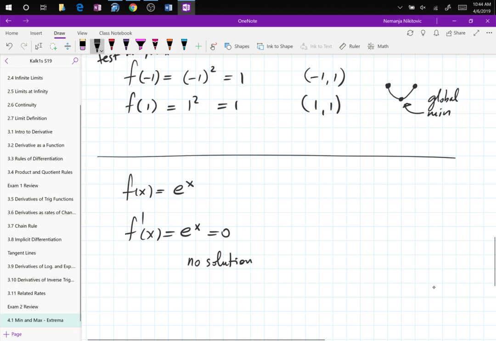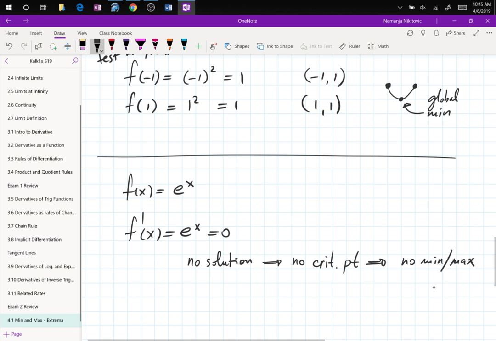Because if you ln both sides, you get x equals ln 0. Ln 0 is negative infinity. So there is no solution here. No solution means no critical point, which means no min max.